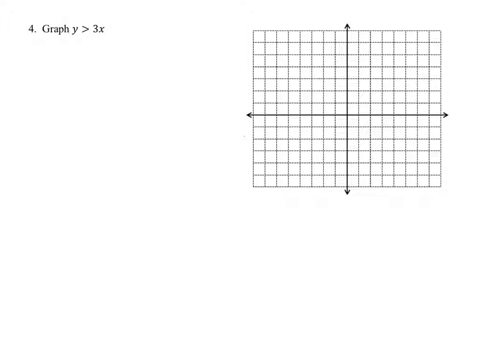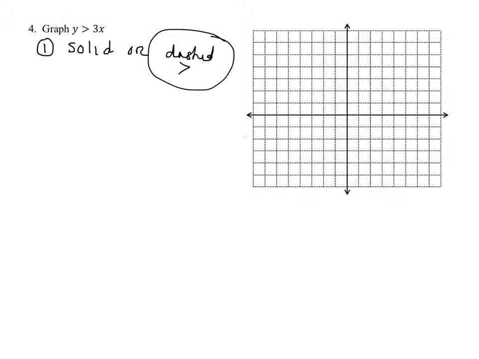Now let's graph this line. First, let's decide whether it's solid or dashed. Well, since it's greater than strictly and there's no equal to, it's dashed. And we're going to graph the boundary, you guys. And the boundary is your fence. It's always where it's equal to.